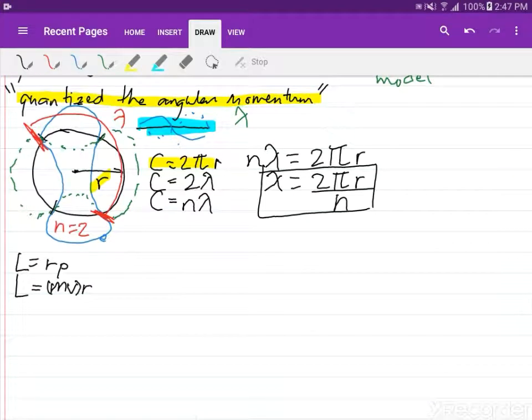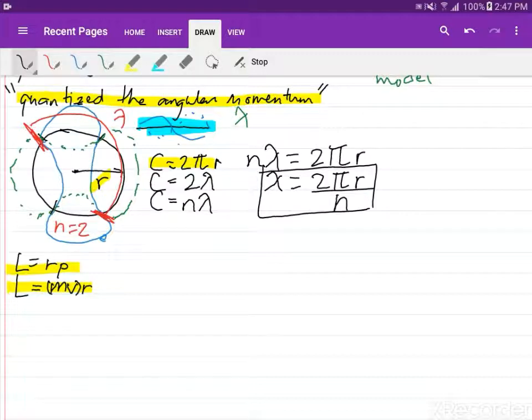Now, in classical mechanics, we know that the angular momentum of a particle orbiting in a certain potential is given by L equals r times p. Or we say that L equals the radius times mass times velocity, mvr.